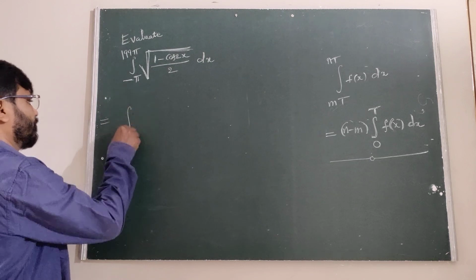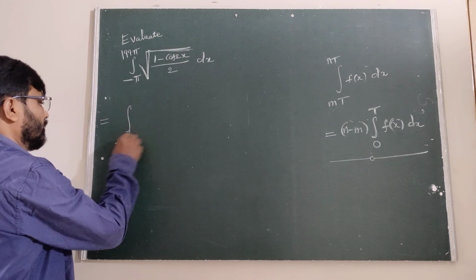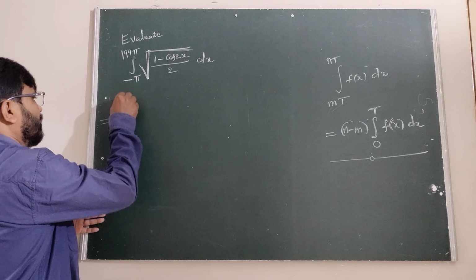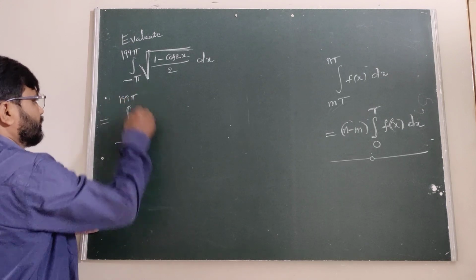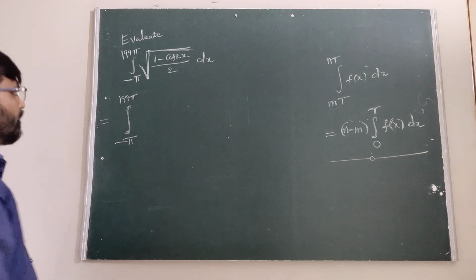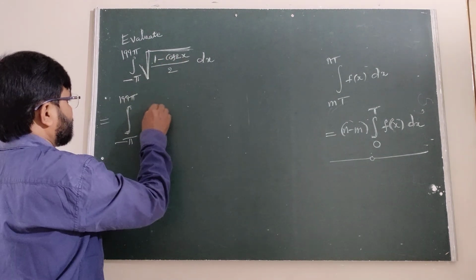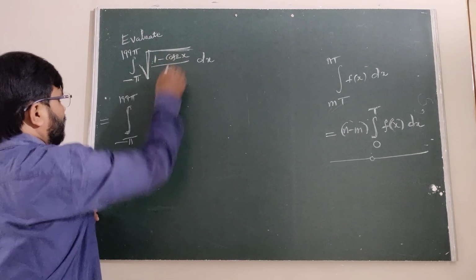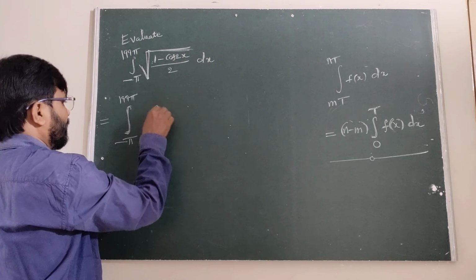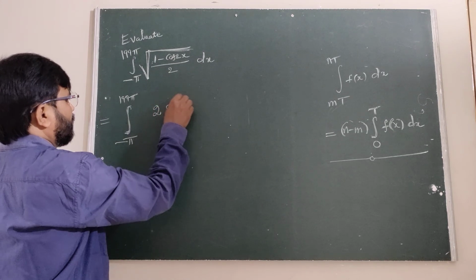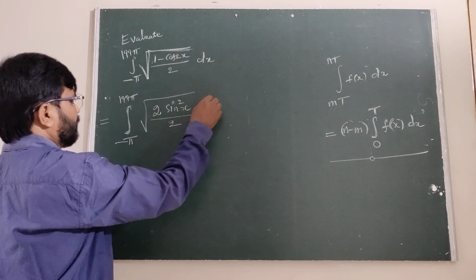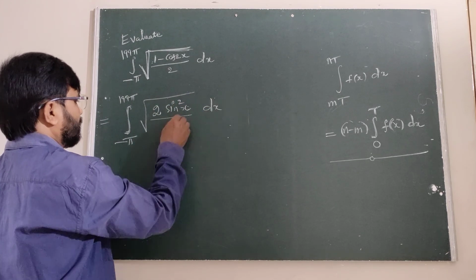Now we can write, first applying the formula, the integral from minus pi to 199 pi. Therefore the integral of root of 1 minus cos 2x, which is 2 sin square of x, under root dx.